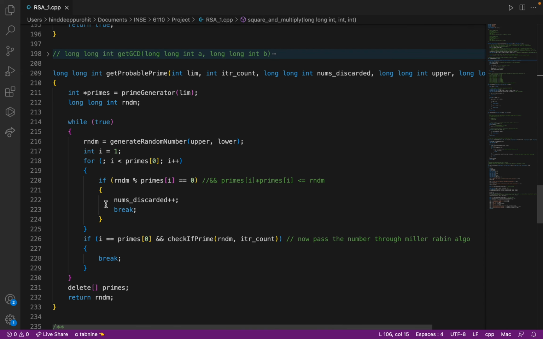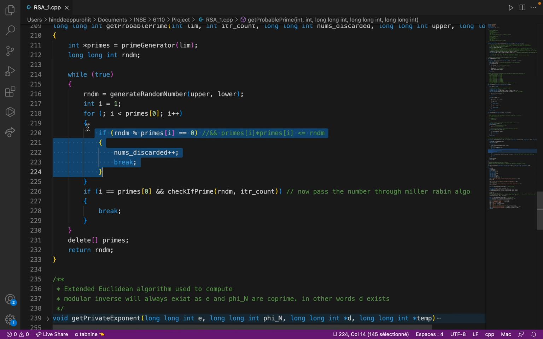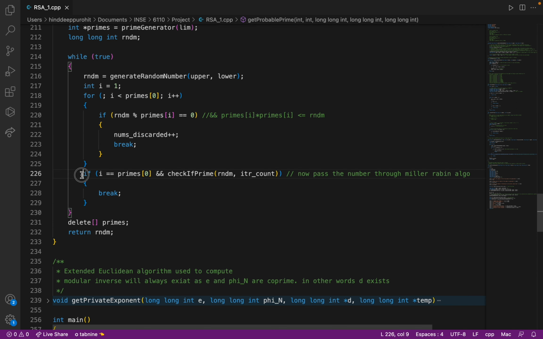Check if prime. If the number is not a prime, it would be filtered out using this if condition, and if the number passes this for loop, we check whether it's a prime or not using this Miller-Rabin test.